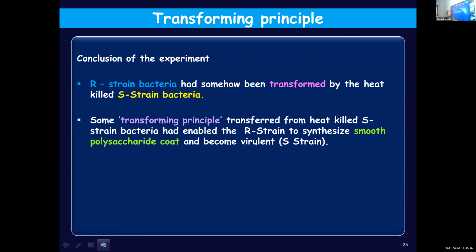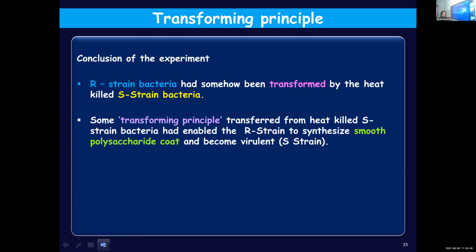What was this transforming principle, or what made this transformation of R strain bacteria into living S strain bacteria? They were unaware at that time, but they understood that some transforming principle got transferred from heat killed S strain bacteria.